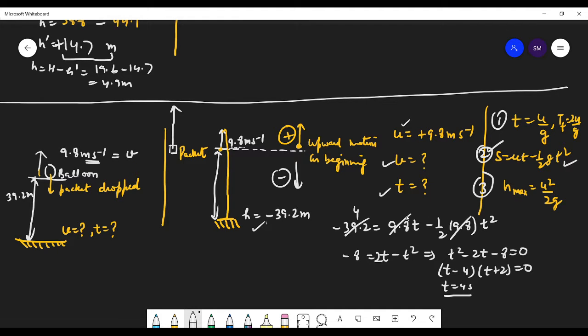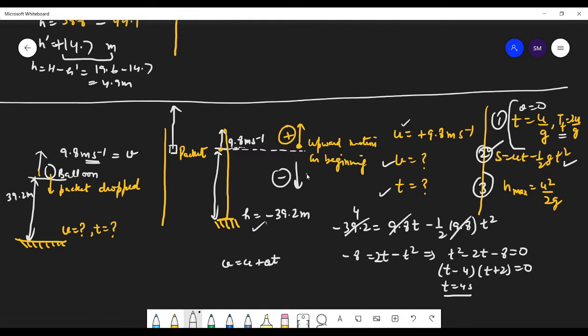So students, that's the total time of the flight. Now we have to tell the velocity with which it reaches the ground. None of these formulas is actually telling you the velocity, because in the time of flight we have taken v equal to 0. So let us use the formula v is equal to u plus at.